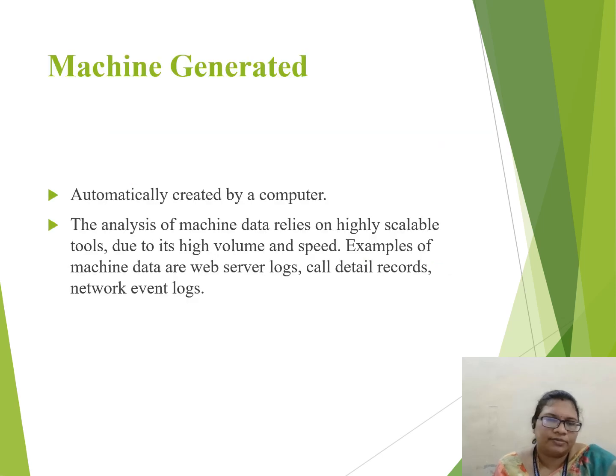Then there is machine generated data. Machine generated data is whatever data is automatically generated by the machine. The analysis of machine data relies on highly scalable tools due to its high volume. For example, call detail records: the phone automatically generates the call records, and we have no need to store a person's minutes, so it will automatically record.